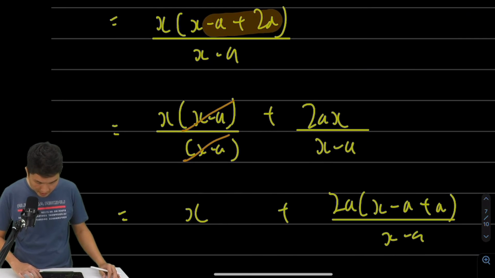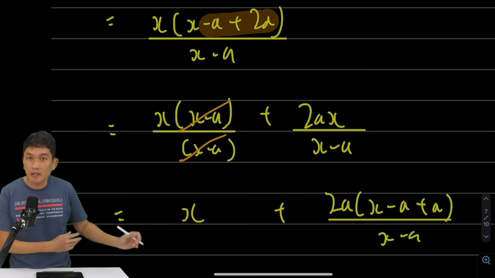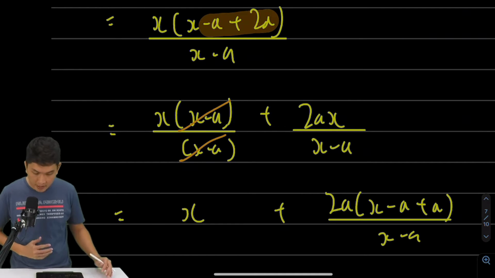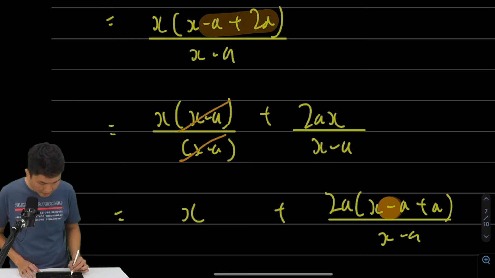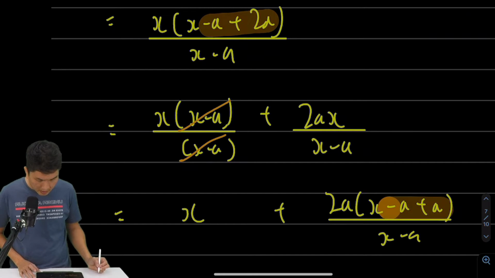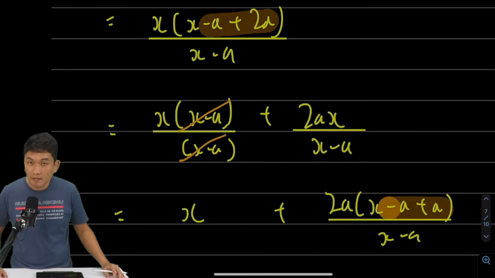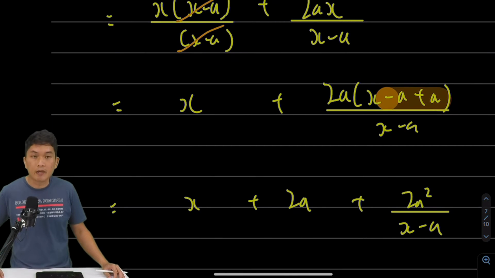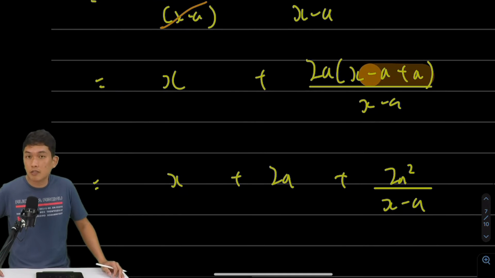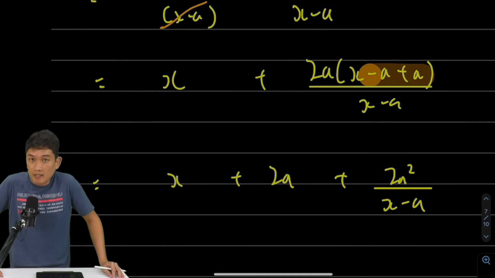And that's nice because then I get an x plus some other fraction. Now, for that other fraction, I'm going to repeat the same trick. This is the same as 1. Okay? Then I have an x minus a that cancels out, and this is my final form of f of x. f of x is actually equal to x plus 2a plus 2a squared over x minus a.